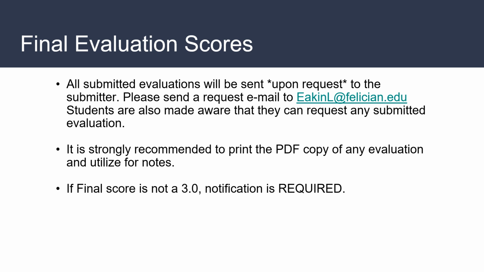If the final score is not a 3.0 or higher at the final, please contact the director at eaconl@felician.edu or call the Office of Field Placement at 201-559-3544. This will enhance our feedback and will enable us to follow up with these clinical interns in a supportive and meaningful way.